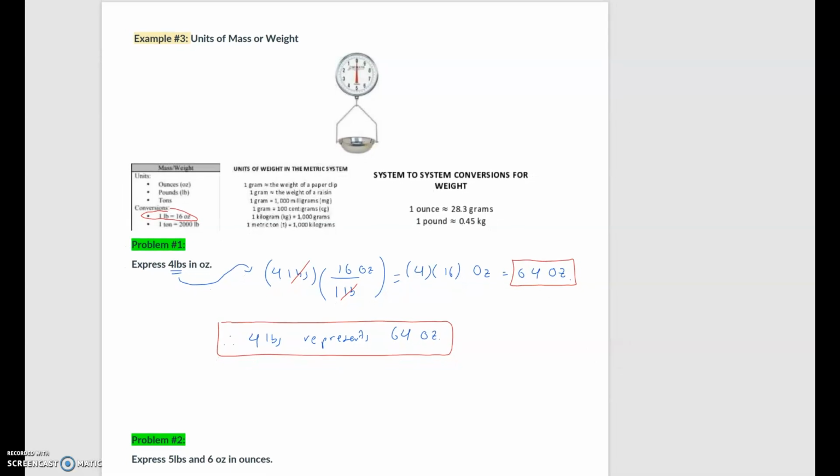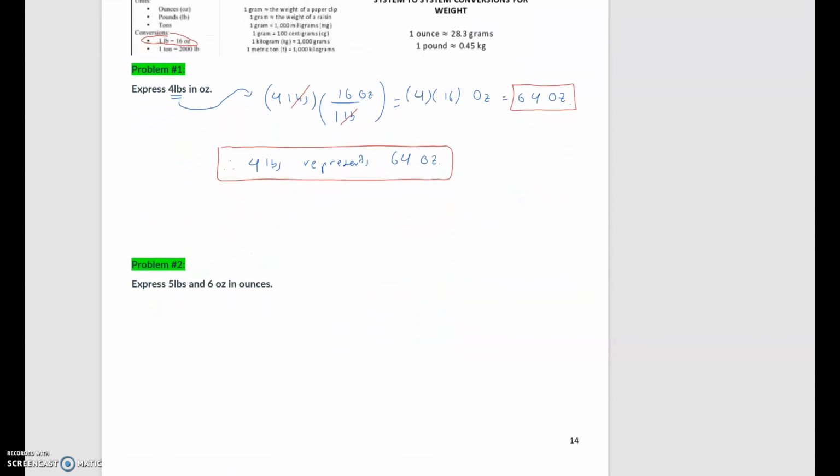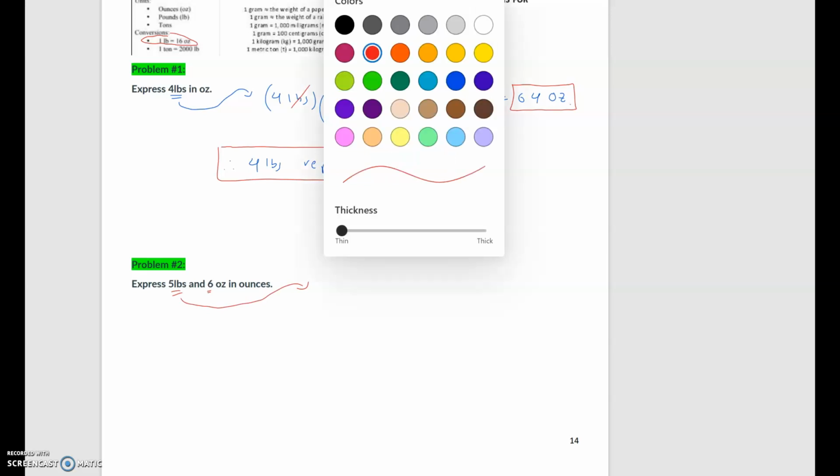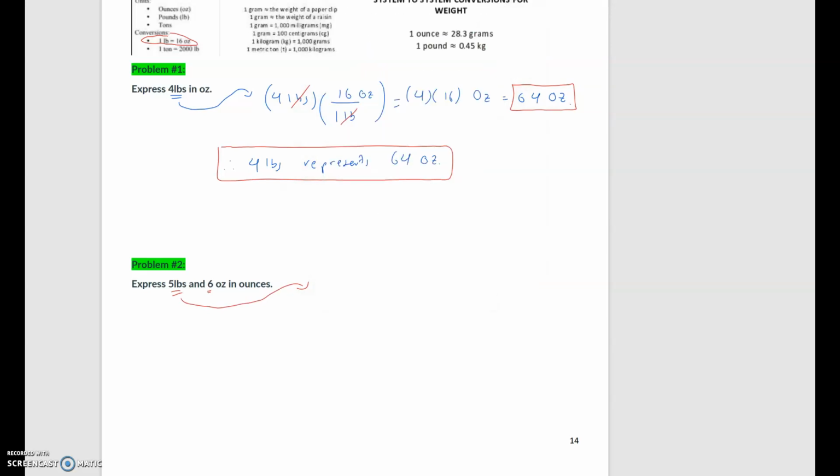Let's take a look at example 2. And it's very similar to the previous one. So we're looking at 5 pounds and 6 ounces. They want us to express it as a single ounce value. So in this case, let me just write it as a total. So total is equal to the 5 pounds plus the 6 ounces.